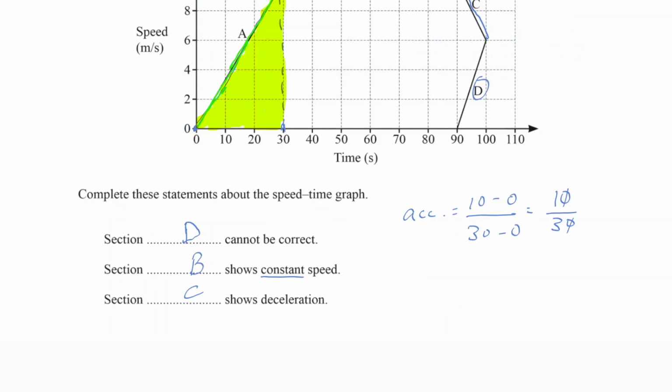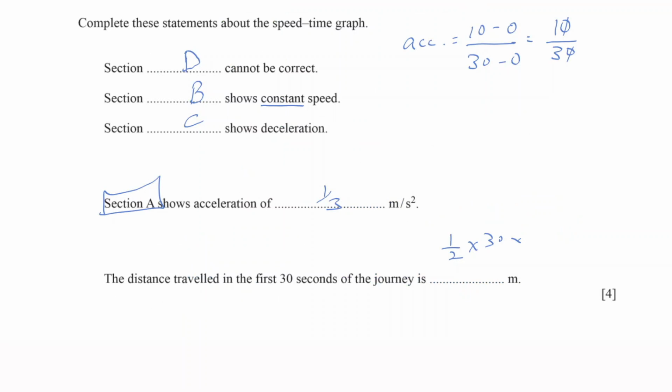Base is 30, height is 10. So 5 times 3 is 15, 150 meters. So the distance traveled in 30 seconds for this journey is 150 meters.